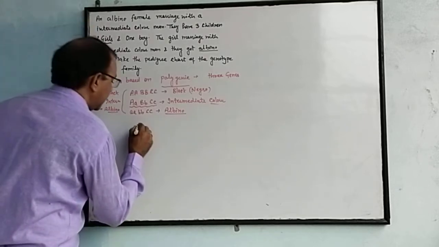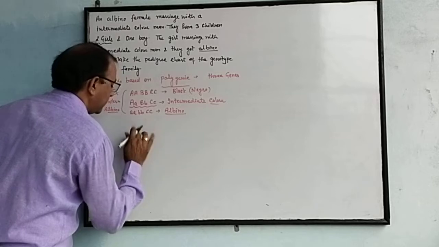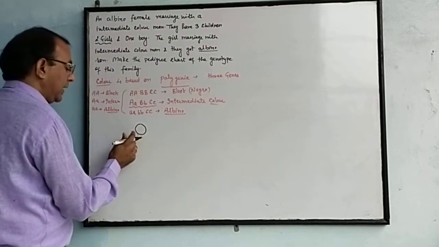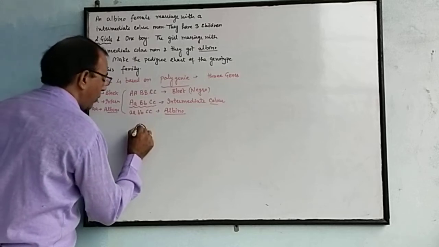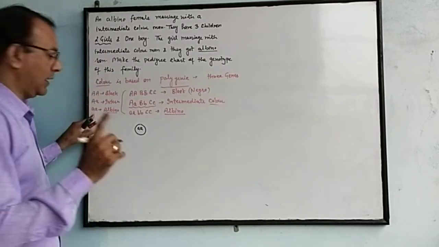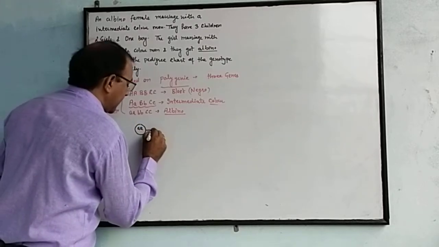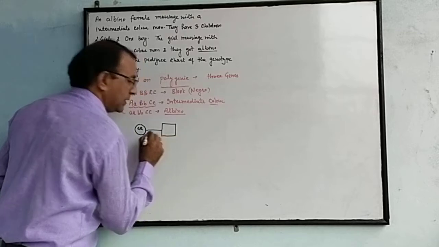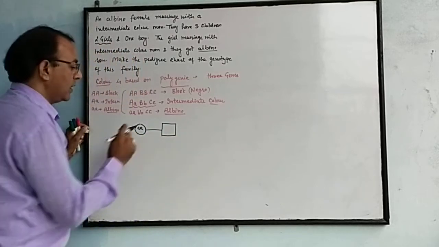Female is represented by a circle. The albino female contains both small a, because albino is a white fair color. She marries a man with intermediate color, and a man is represented by a square.